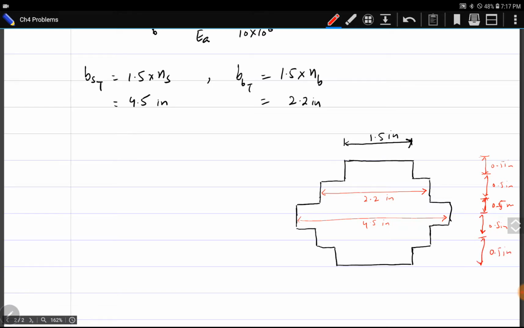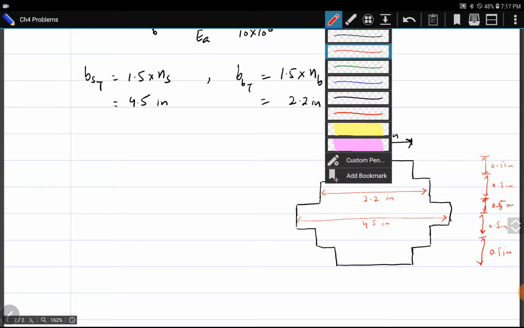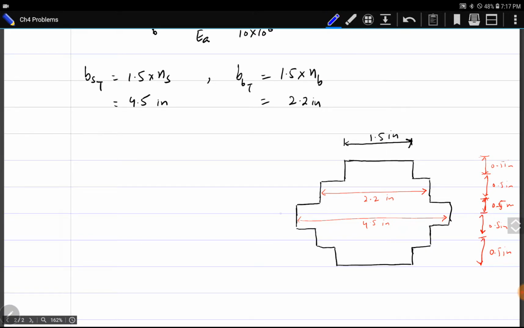Okay. The centroid is actually the geometric center and it is the midpoint between the top and the bottom layers because it is symmetric. Now we have to find I: I for the aluminum section, I for the brass section and I for the steel section. So it is very easy. We also know D for each of them.